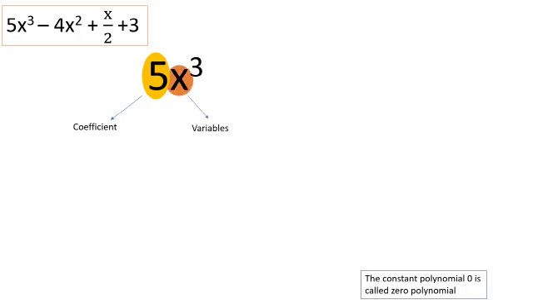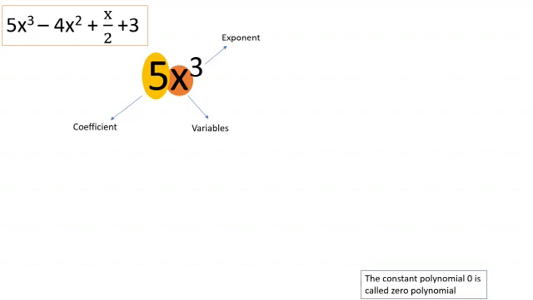Then this variable is raised to a power, which is called an exponent. So every term should consist of these three things. It will have a coefficient which will be multiplied by a variable, and the variable is raised to a power.